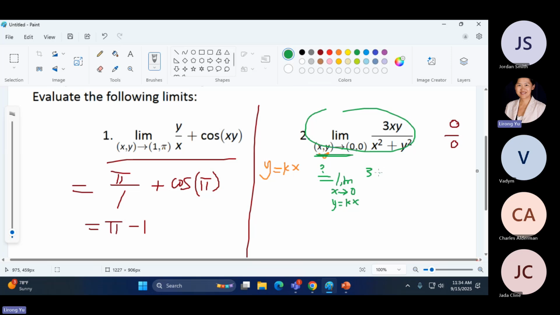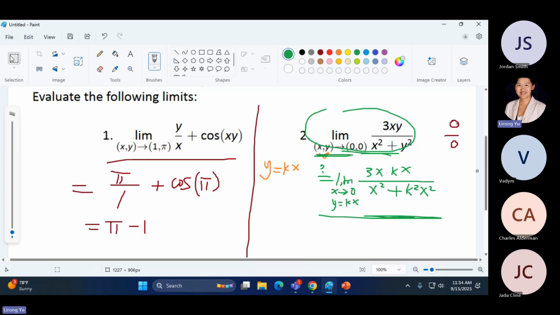So this is a special case of this. 3 times x and y equal to k times x. So there's k times x right there. Over, this is x squared plus y squared, y equal to kx. So it's going to be k squared times x squared.